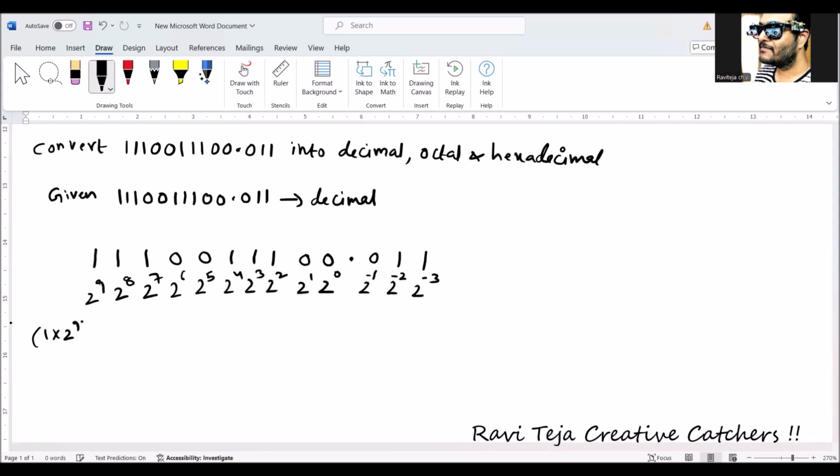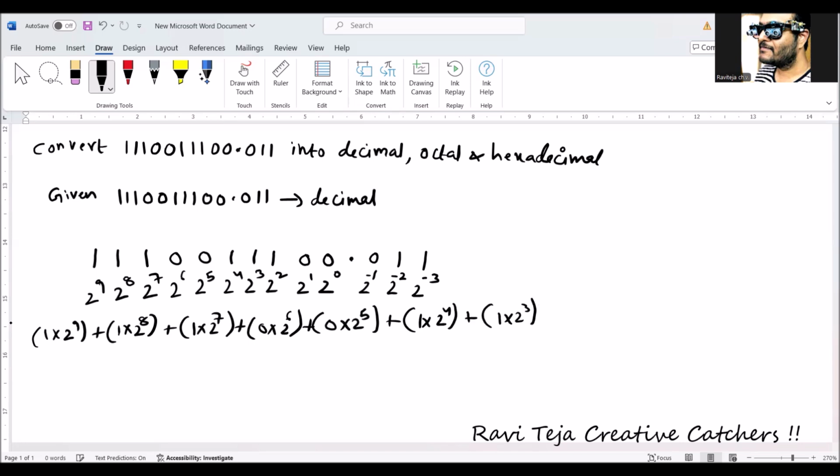And how to represent this? 1 into 2 power 9 plus 1 into 2 power 8 plus 1 into 2 power 7 plus 0 into 2 power 6 plus 0 into 2 power 5 plus 1 into 2 power 4 plus 1 into 2 power 3 plus 1 into 2 power 2 plus 0 into 2 power 1 plus 0 into 2 power 0.